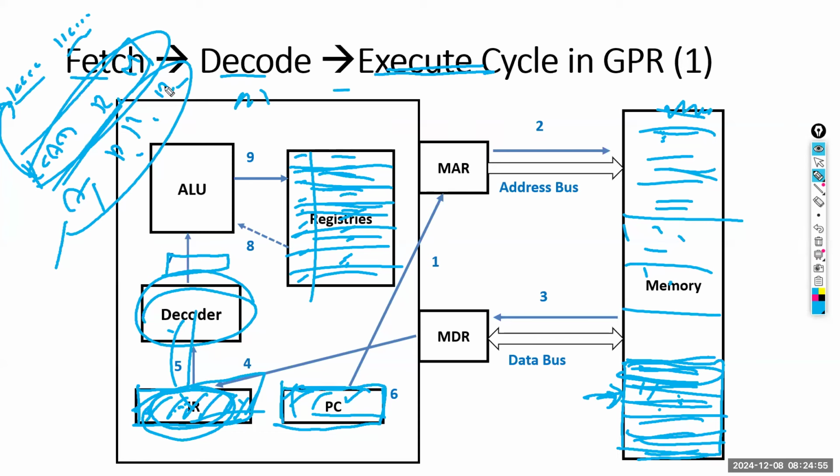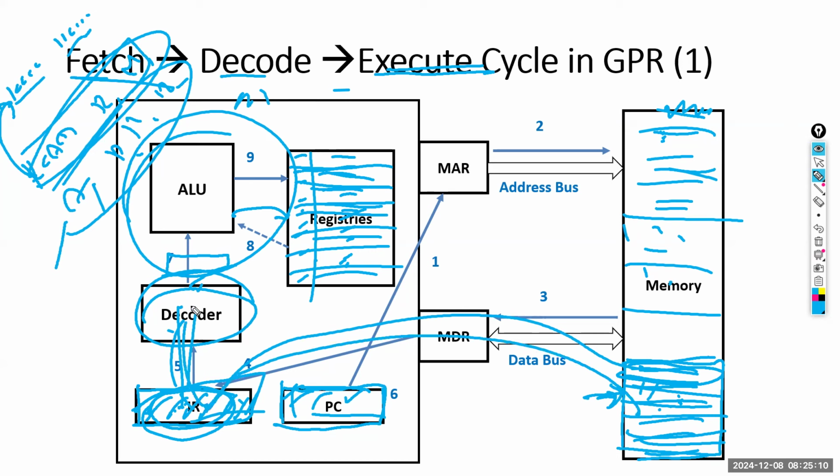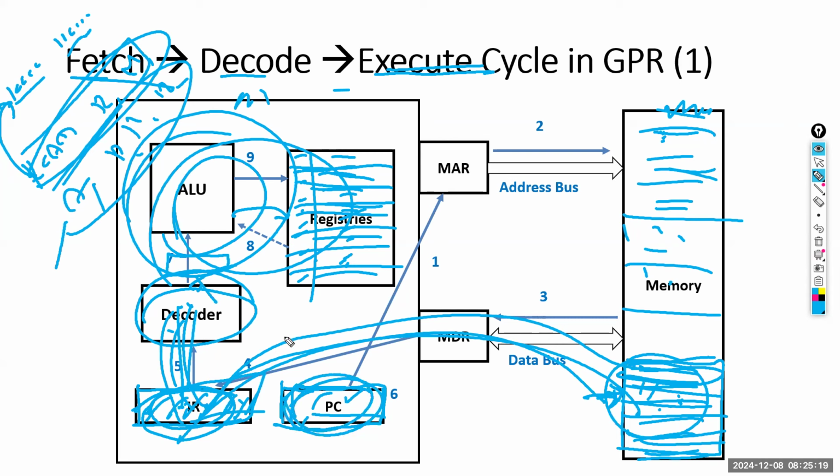That is why it is fetch, get the instruction, decode, and then execute. Execute is done by the ALU, and the result is written back to registry or so on. And then the next instruction is fetch, decode, execute. Next instruction is fetch, decode, execute. How do you know what is the next instruction? Because program counter keeps track of what is the current instruction. Right?